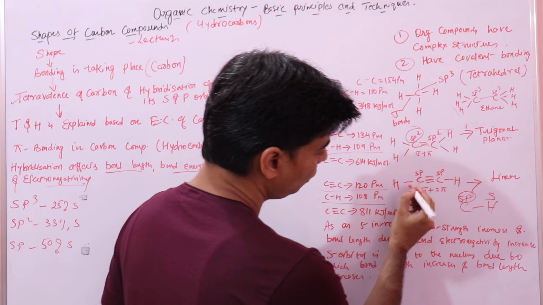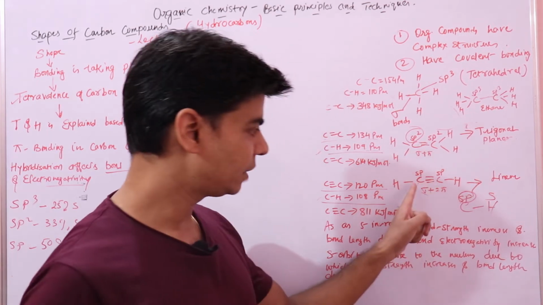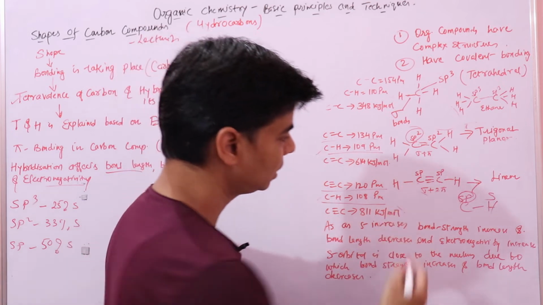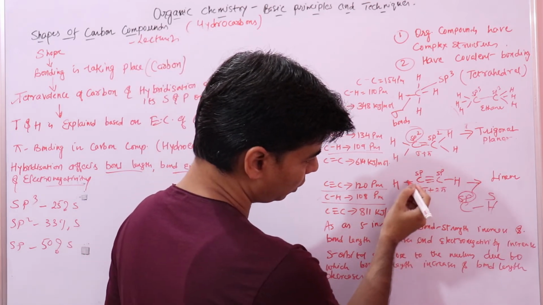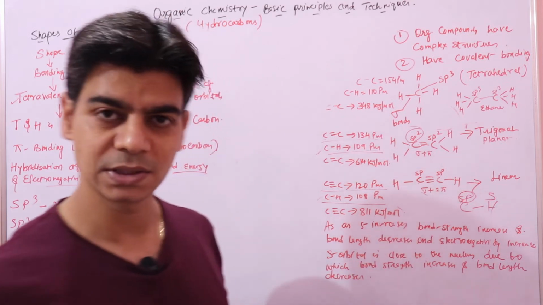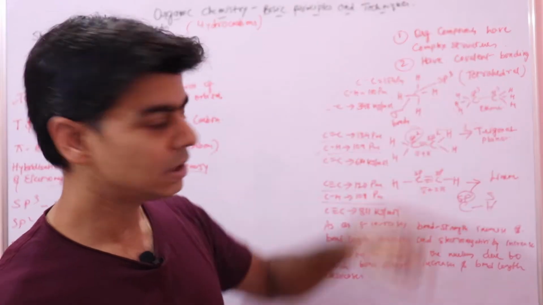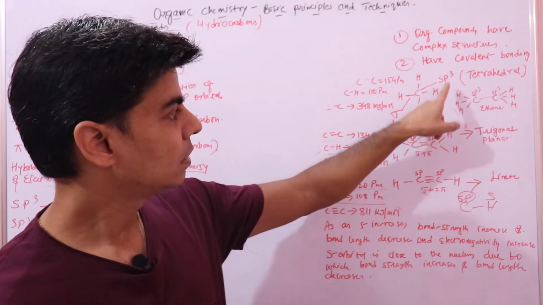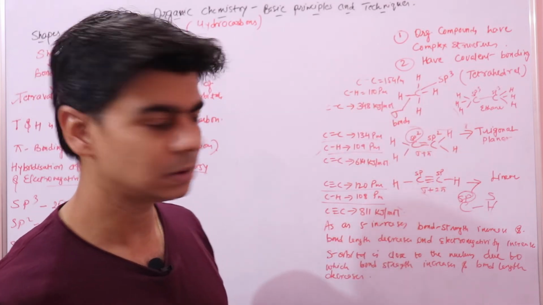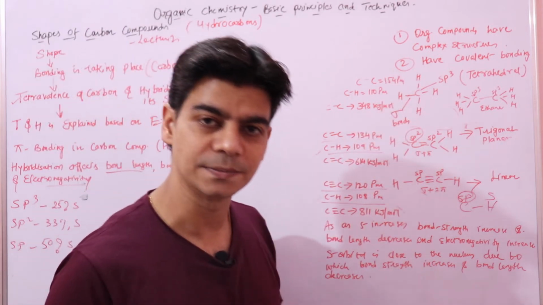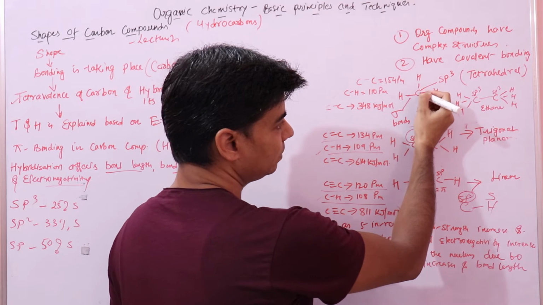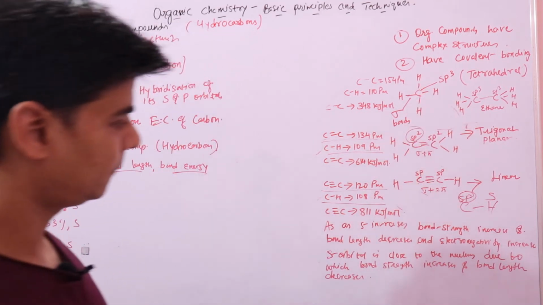So here the electronegativity of carbon is maximum because of maximum s character. So in this bond, this carbon will attract the shared pair of electrons towards itself. If you look at the sp3 hybridized carbon, here the electronegativity of carbon is minimum among the three hybridizations, right? So this carbon atom is least electronegative.